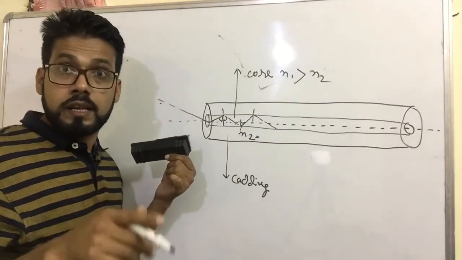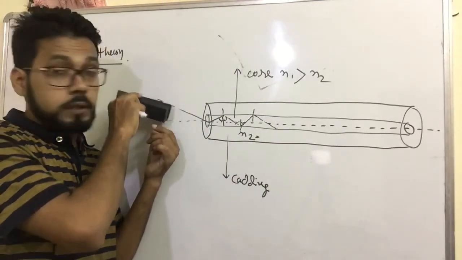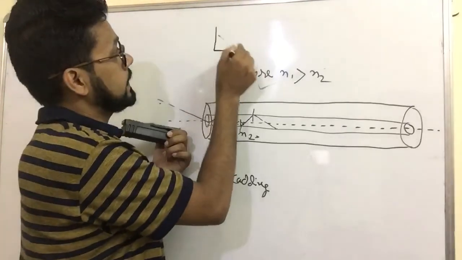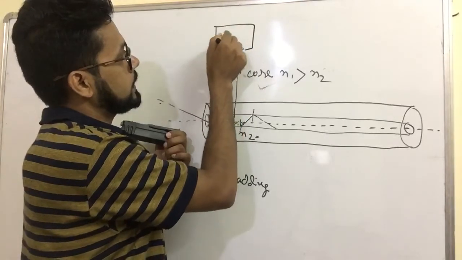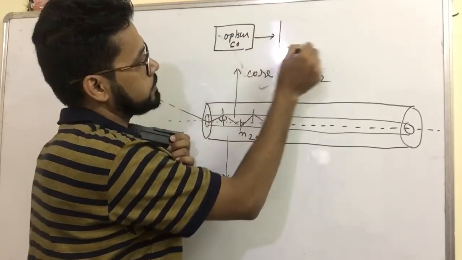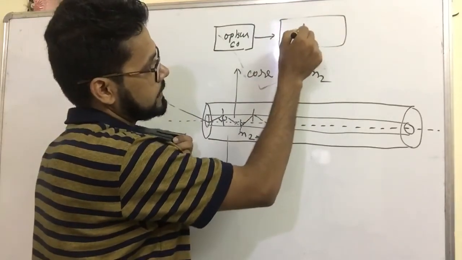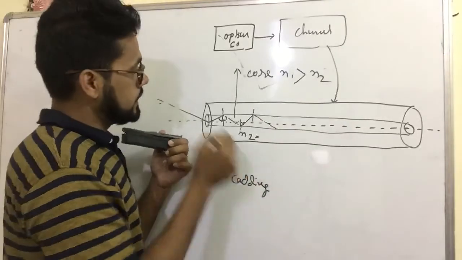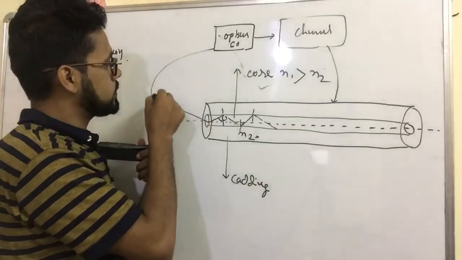That means you have to send the information properly. That is the optical source, then the channel. I have told you, this is known as the channel.